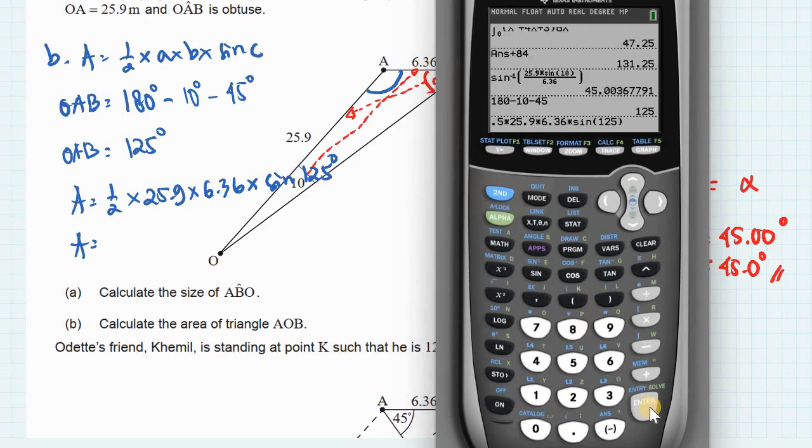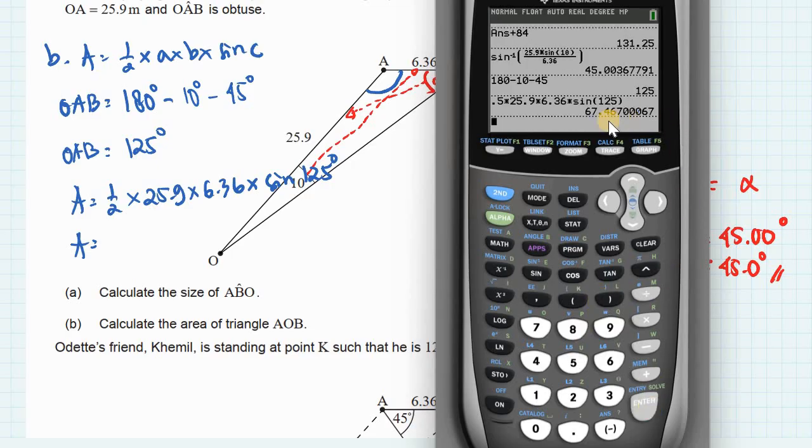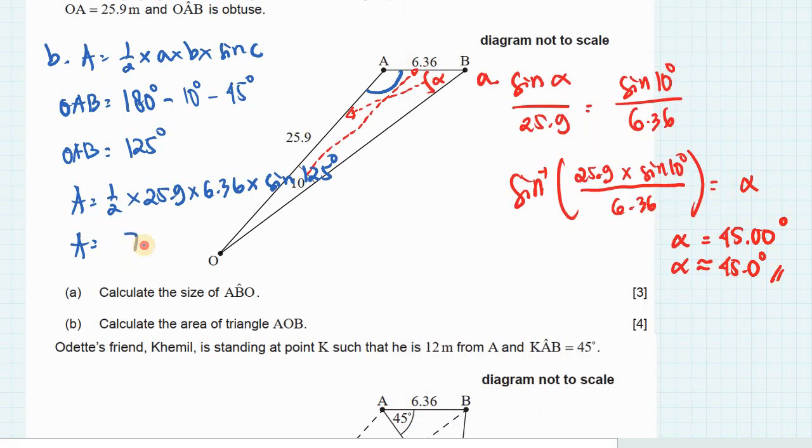You should work faster with your calculator. We have 67.467 and so on. So the area is approximately 67.5 meter square. That's for question B. You will write it in your answer booklet. I'll write it there. I hope that's okay.